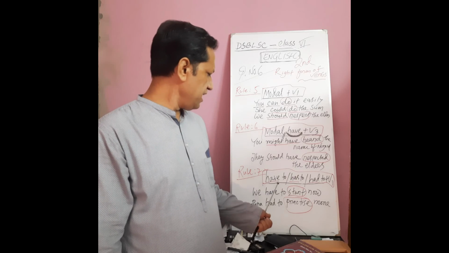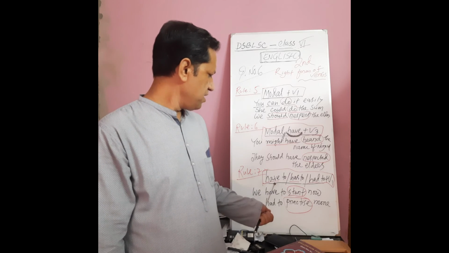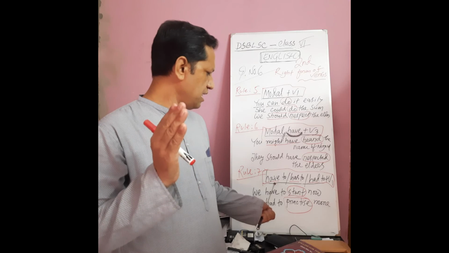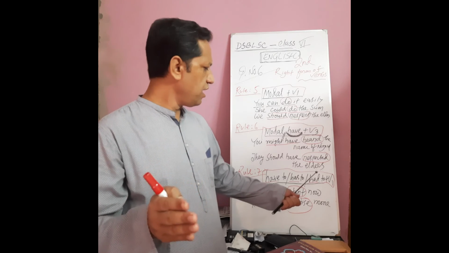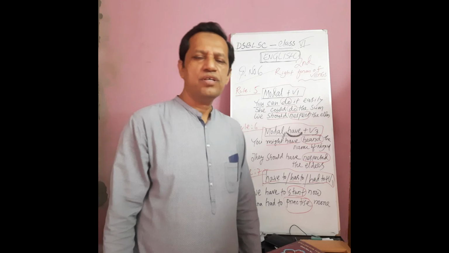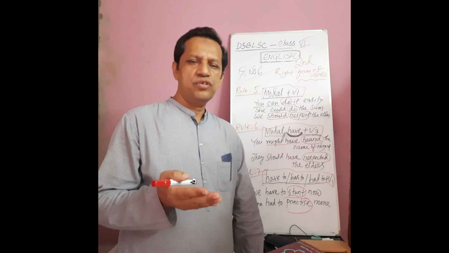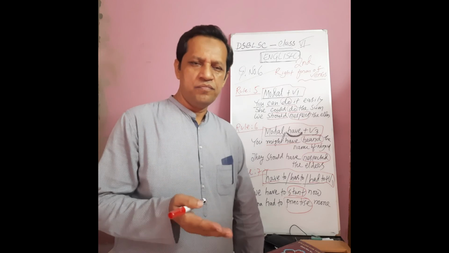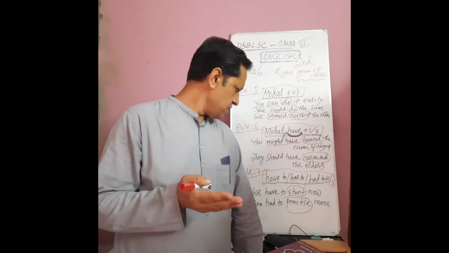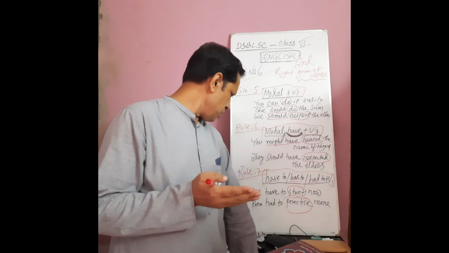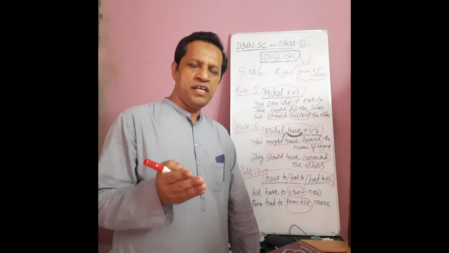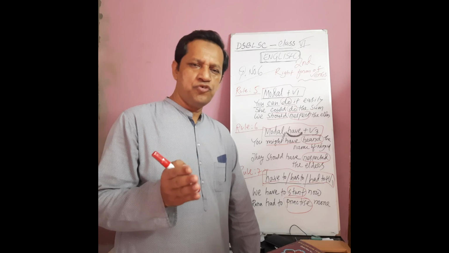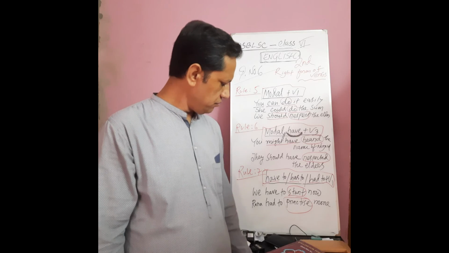But here is different. After have to, after has to, after had to, you have to use V1 form. This is different from rule number 4. Rule number 4 was after have, has or had, we have to use V3 form.